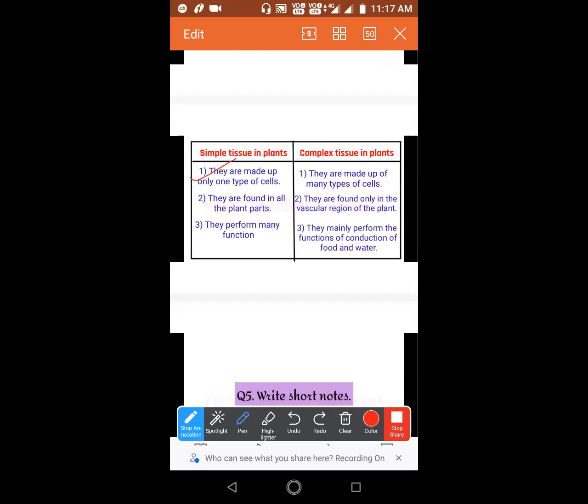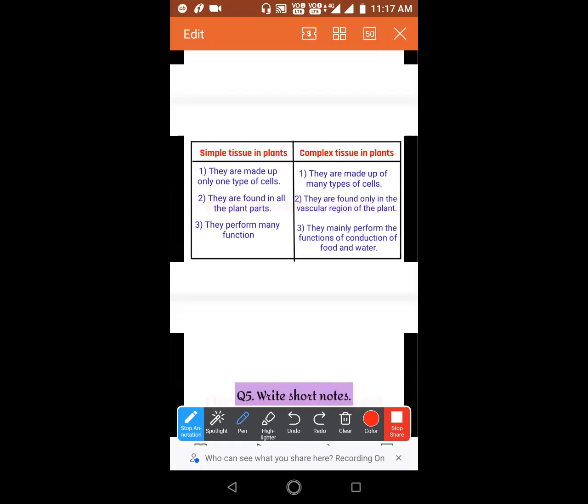The opposite: complex tissues are made up of many types of cells. What is the opposite of one? Many. So this is the difference.